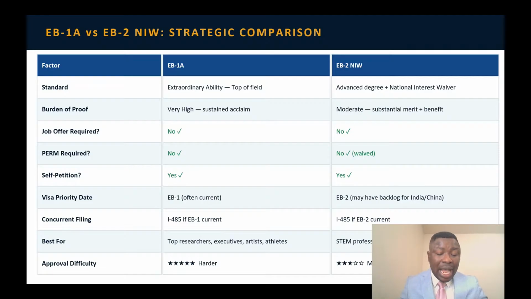So EB1 is harder, EB2 is more accessible. Unless you know that you have really good achievement, EB2 is a good option. But if you are a top researcher, a top executive, a top and high achieving professional, then you could file for EB1.